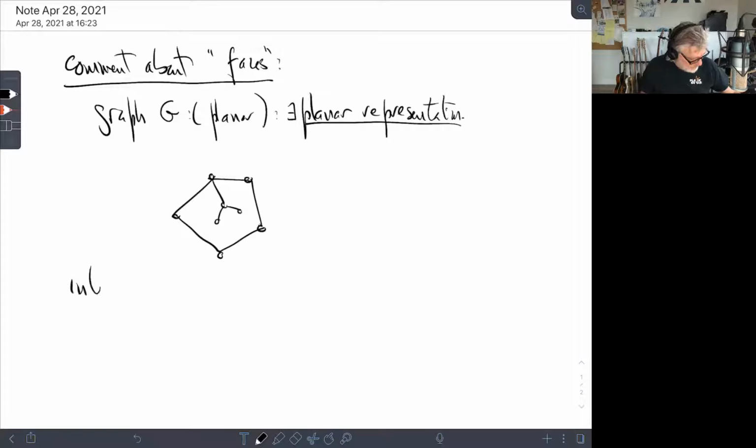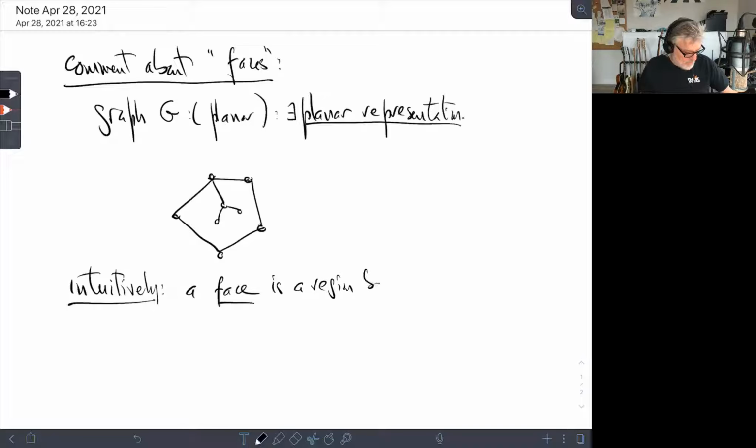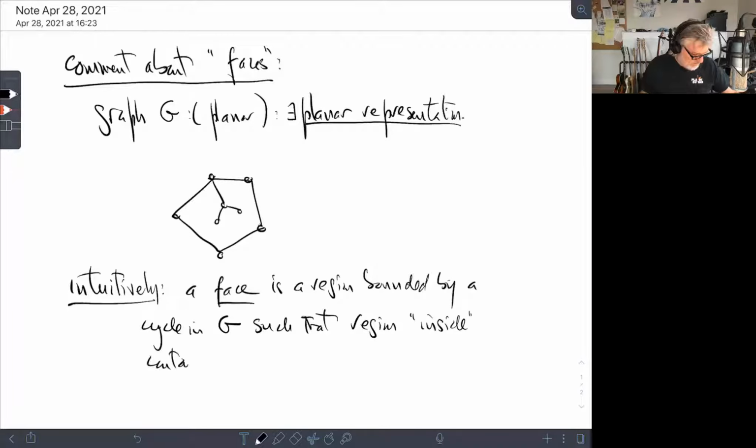Okay, so intuitively, I'm afraid it has to stay that way. A face is a region bounded by a cycle in G such that the region, I'll say inside, contains only trees.